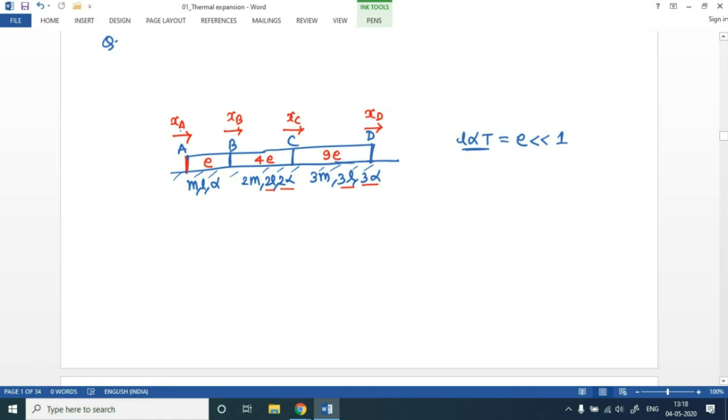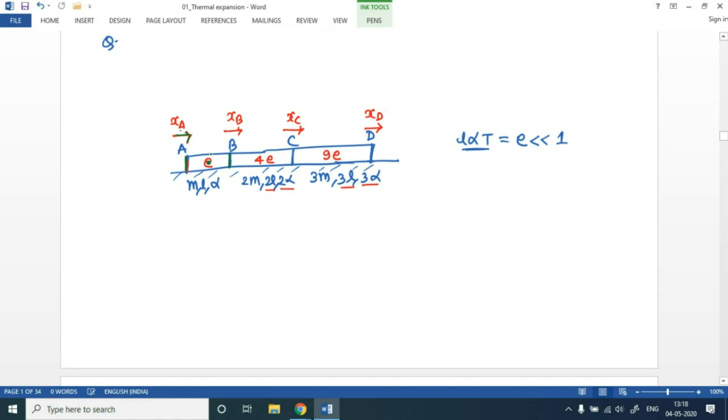Now, XA is the displacement of point A and XB is the displacement of point B, and the center of mass of this uniform rod would be somewhere over here.